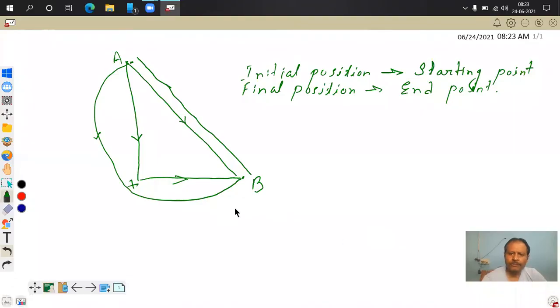And the final position is B. So the shortest distance... what is the, now comes distance. Now what distance is?